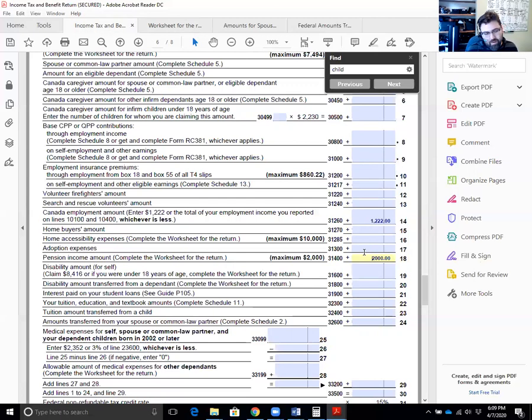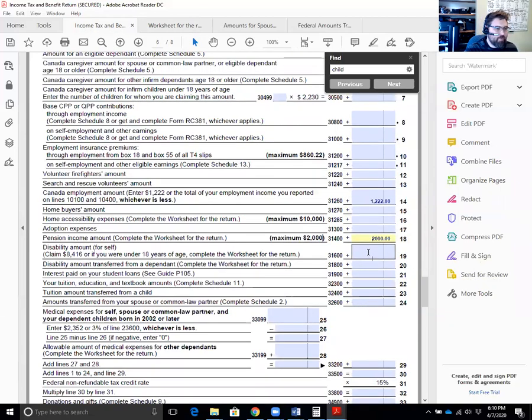Honestly, that part of the worksheet can be pretty simple. If you only have one Canadian pension and it's more than 2,000, then you know that the maximum you're going to put in is 2,000 here. Okay, disability amount for self is 0 because that's not mentioned in the question. Disability amount transferred from a dependent, complete the worksheet for the return.